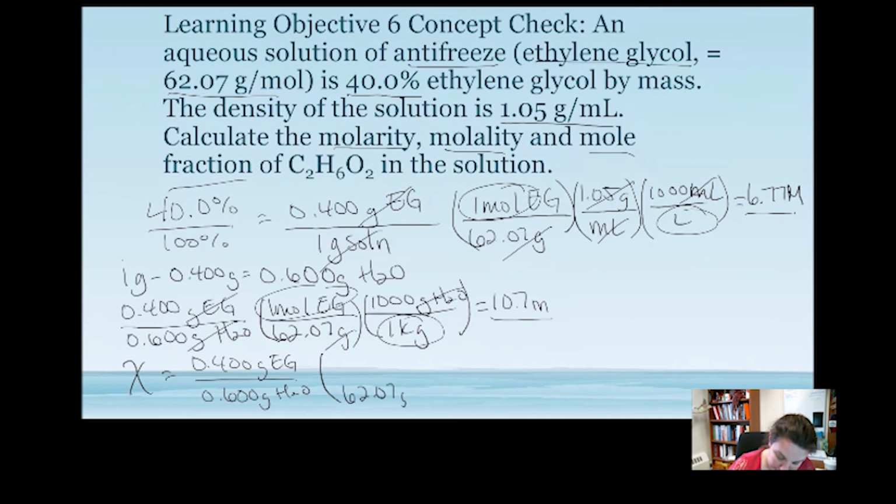So we have 62.07 grams of ethylene glycol per mole, and then we have 18.02 grams of water per mole of water. Multiply this out, we get a mole fraction of 0.194.